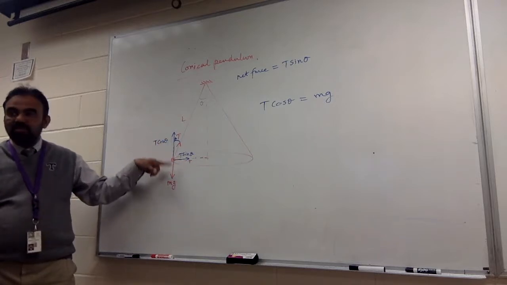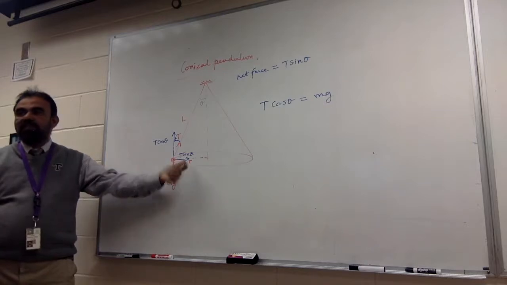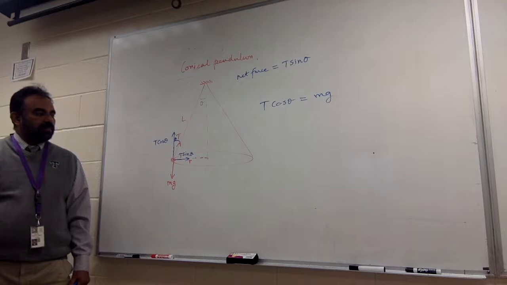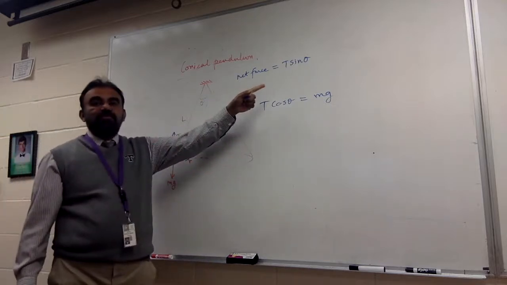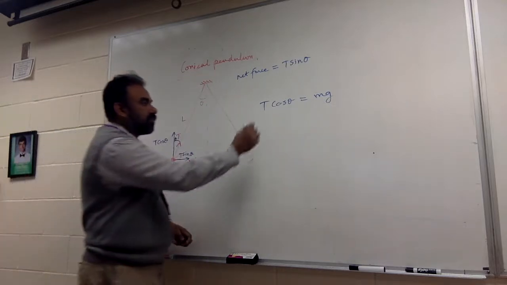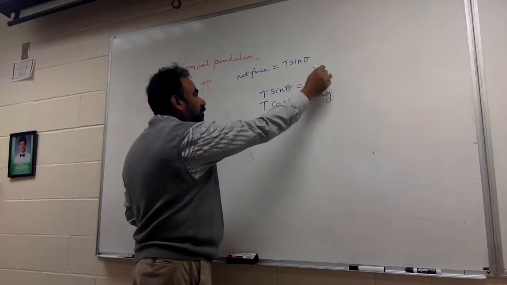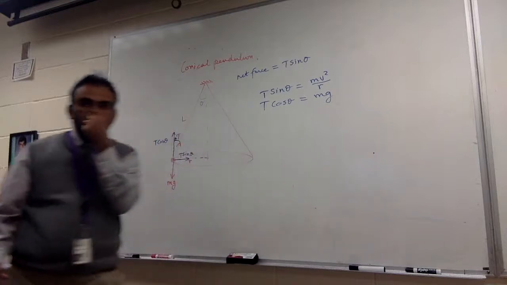Since these two are equal to each other, there's only one force existing here, and that is T sine theta. So T sine theta is the net force, which provides the centripetal force. Therefore, T sine theta is equal to mv squared over r.